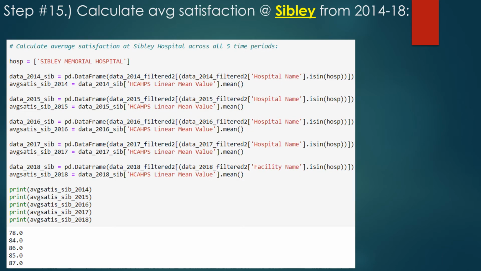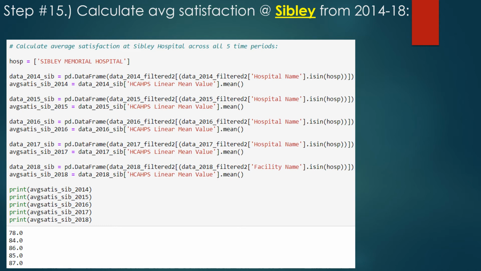We calculate the average satisfaction at Sibley Hospital across the 5 time periods. So from 2014, looking at the linear mean value for the HCAPS, and that's the satisfaction, we're looking at the mean for it.